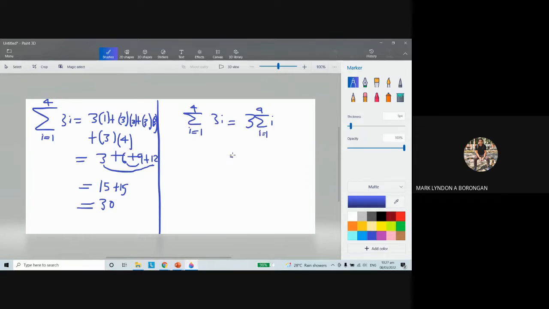Picture it as 1 plus 2 plus 3 plus 4. So 1 plus 2 is 3, plus 3 is 6, plus 4 is 10. Then 3 times 10 is 30. So this is easier.